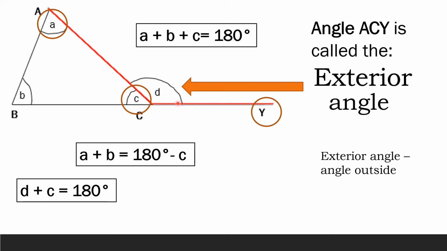So to find out D, we will need to do the reverse operation, which is minus of plus. D is equals to 180 degrees minus C.